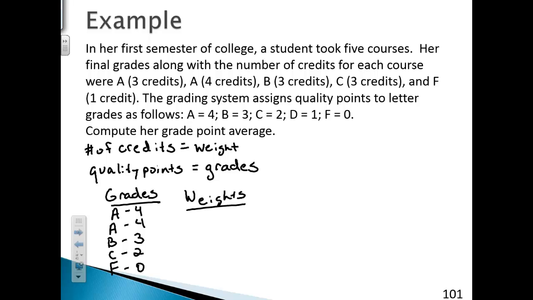So respectively that would be 3, 4, 3, 3, and 1.